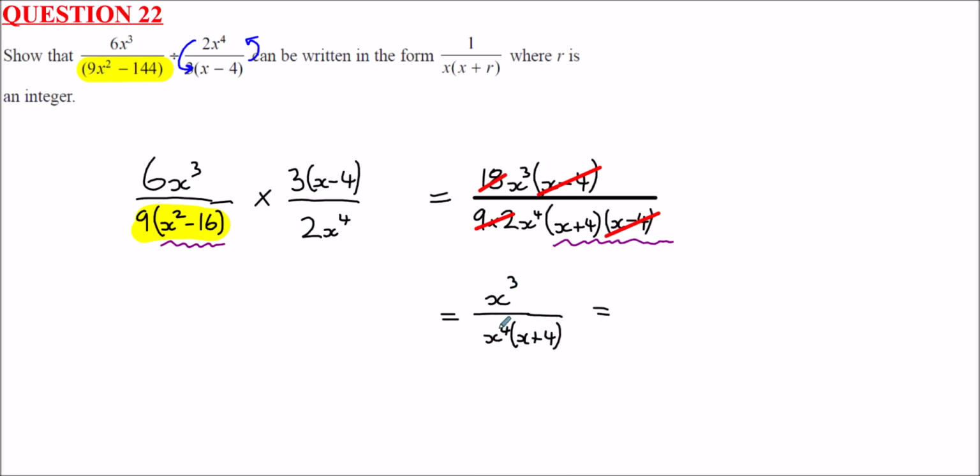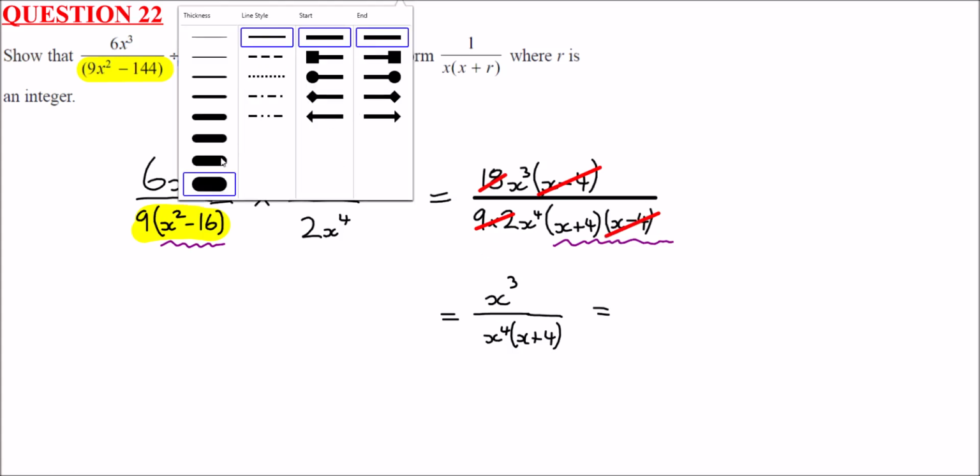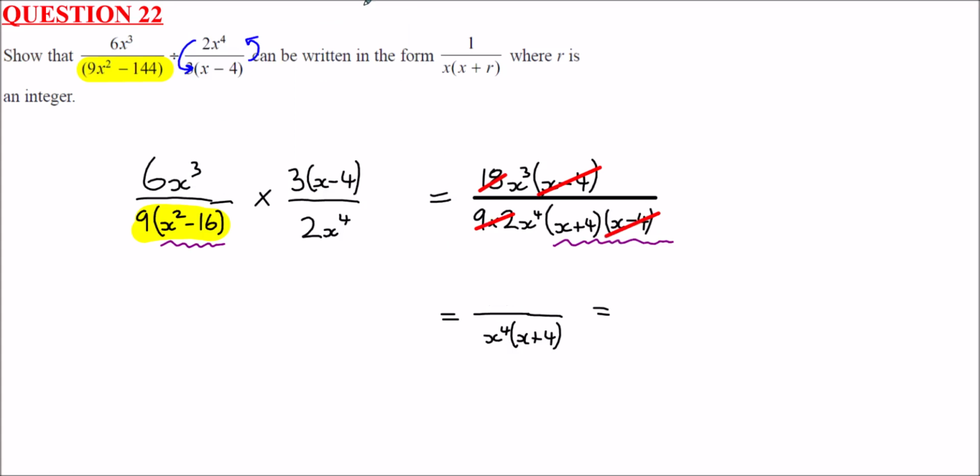So x cubed divided by x to the 4, if I think about this in terms of x written out the long way, x cubed, if I picture this as x times x times x, then x to the 4, if I picture this as x times x times x times x, just to make it easier to see where this comes from, then this x will cancel with this one, with that one, that one, with that one.